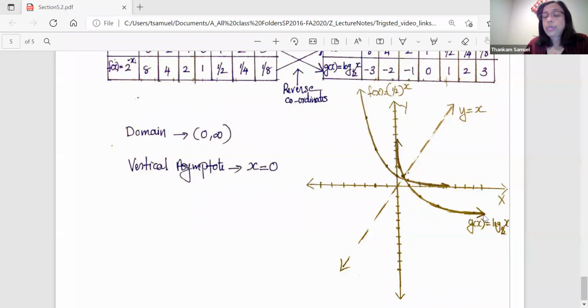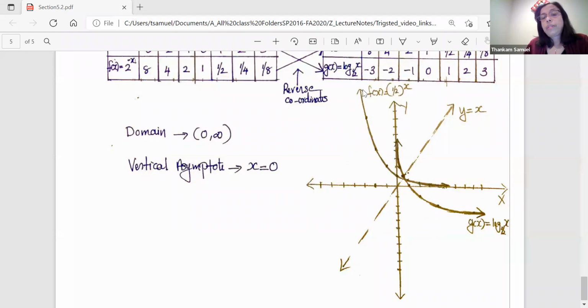And the range of this logarithmic function is negative infinity to infinity. You can see that the domain of the exponential function is negative infinity to infinity. That becomes the range of this logarithmic function.